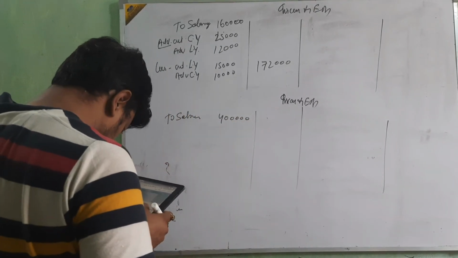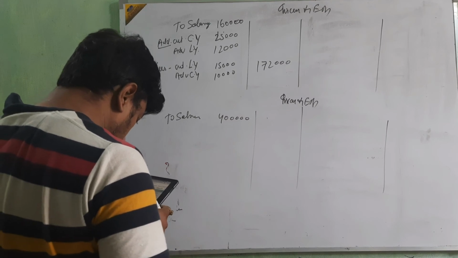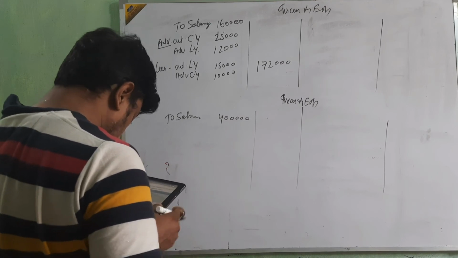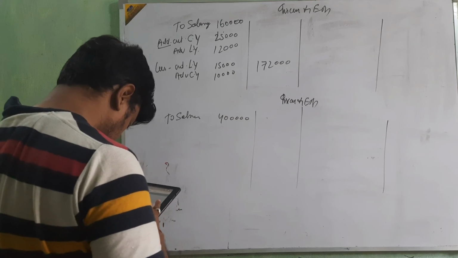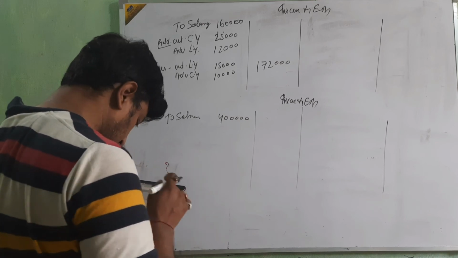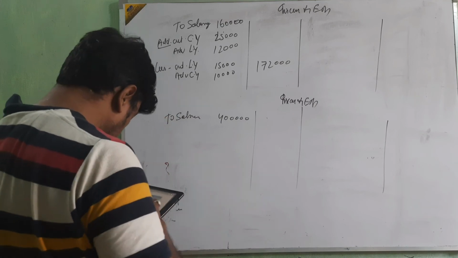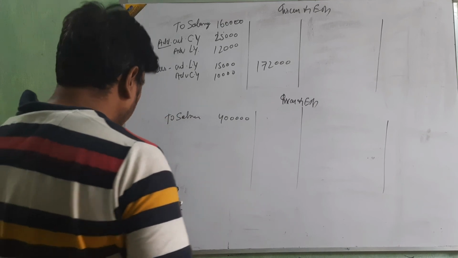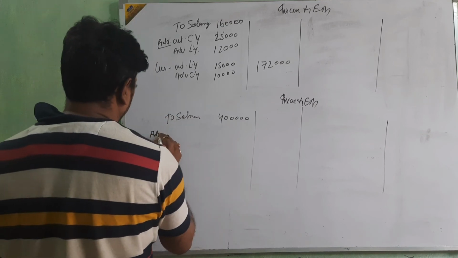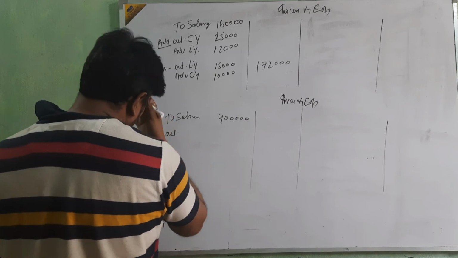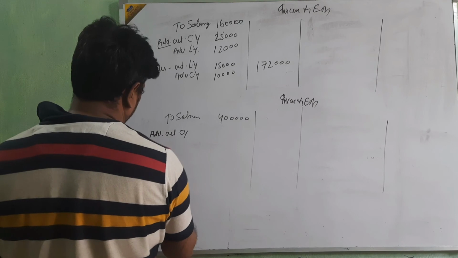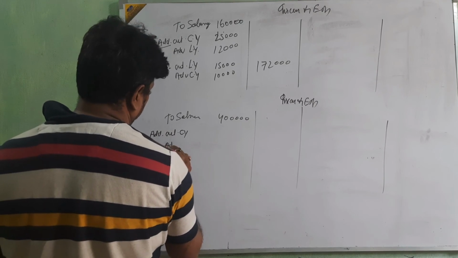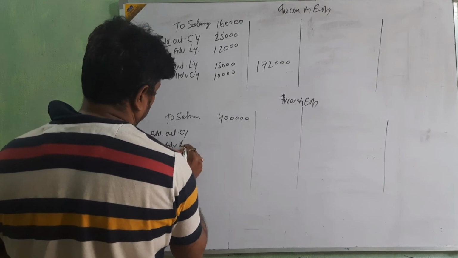And here salary outstanding for 20 and 21 and advance for 20 are given. So add outstanding of the current year and less advance of the current year.